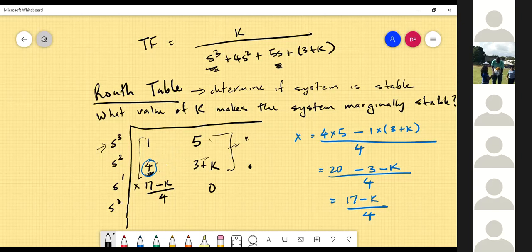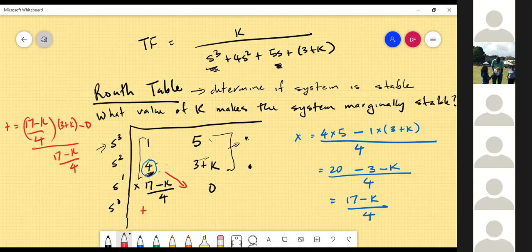So this one is 17 minus k over 4 times 3 plus k, minus 0, because 4 times 0 is 0, divided by 17 minus k over 4.